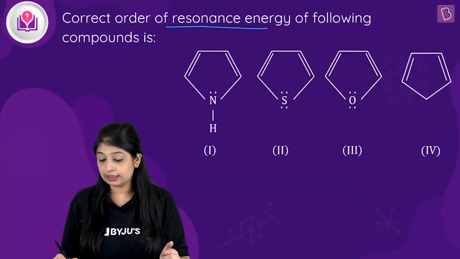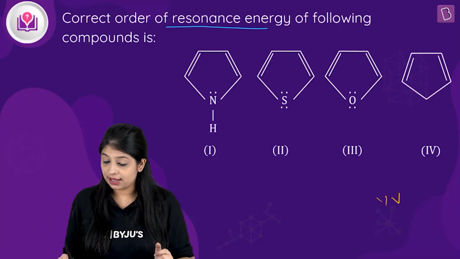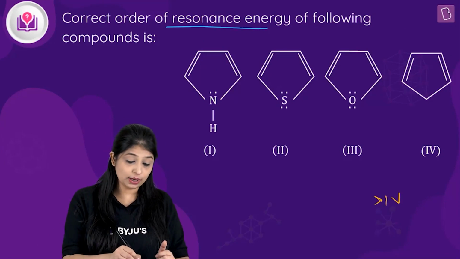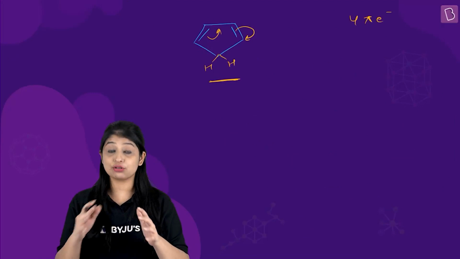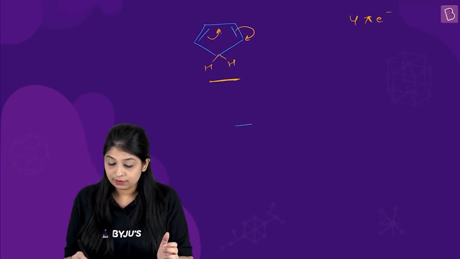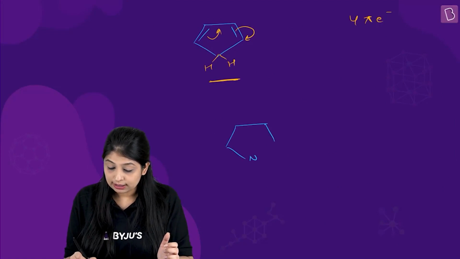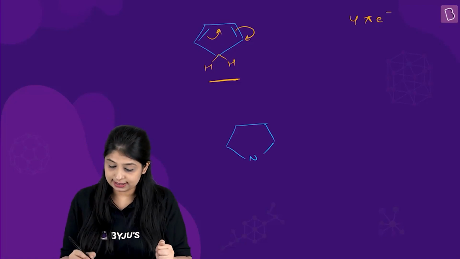So what do we know? We know that the fourth compound will have the least resonance energy. What about now these 3? Okay, so when we look at the resonating structures of pyrrole, thiofuran and furan, what do we find? We find that nitrogen, sulfur and oxygen have a positive charge on them. Let's have a look.